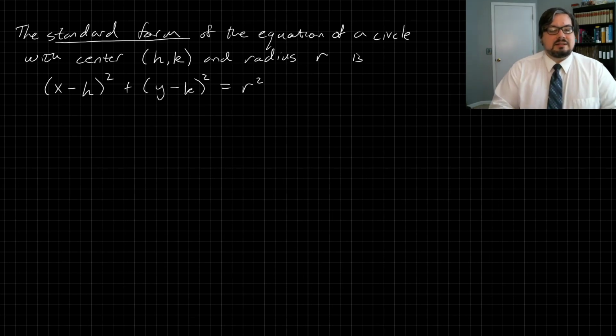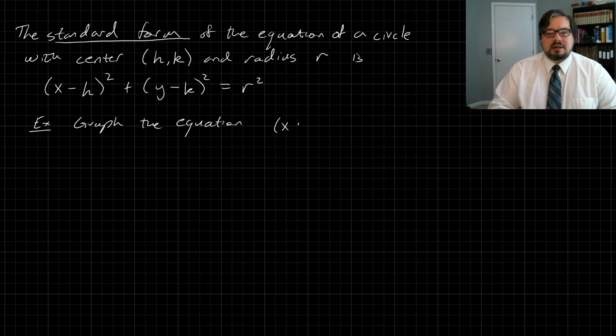So let's take an example. Let's graph the equation x plus 3 squared plus y minus 6 squared equals 36.